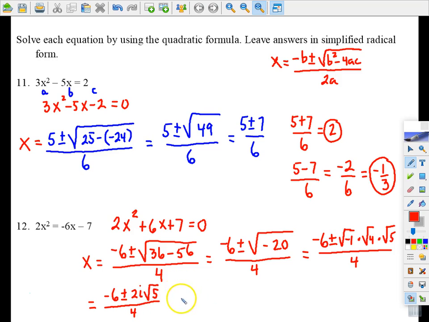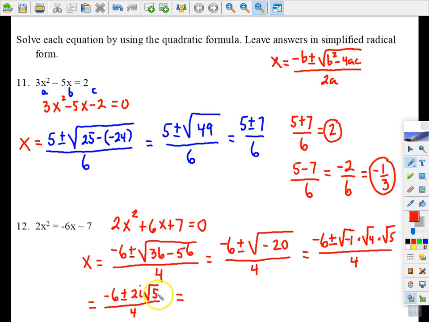Okay, we're almost done, but we can just think about reducing this fraction. So you're looking for a single number that will divide evenly into 2, 4, and 6. The largest number that will divide into all 3 of those is 2. So to reduce this answer, we're going to go ahead and divide these 3 numbers.